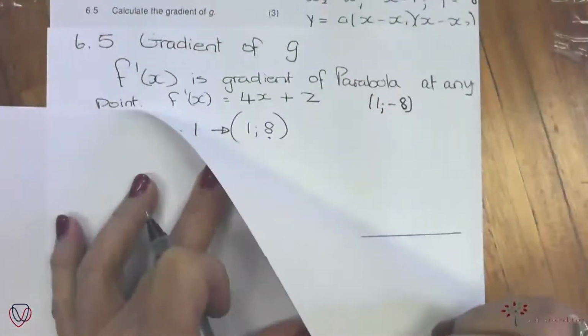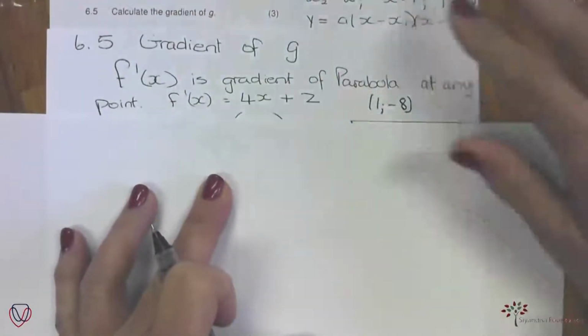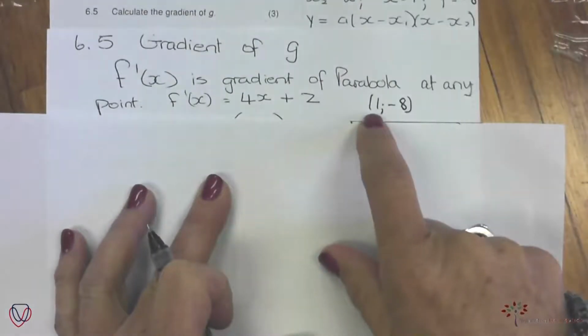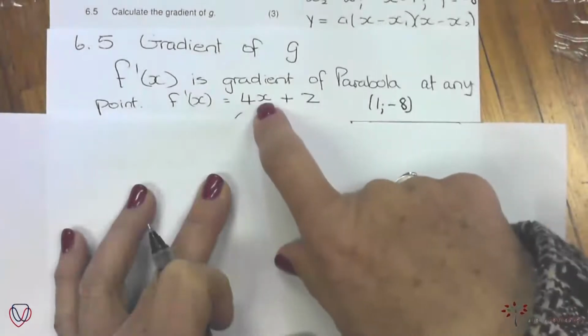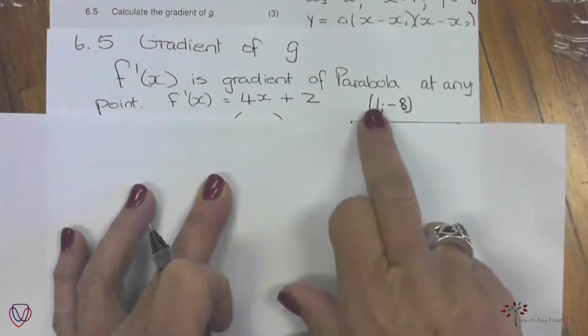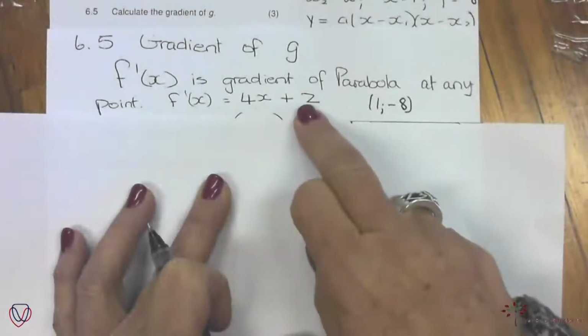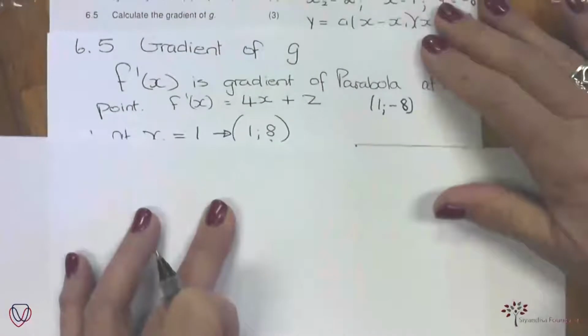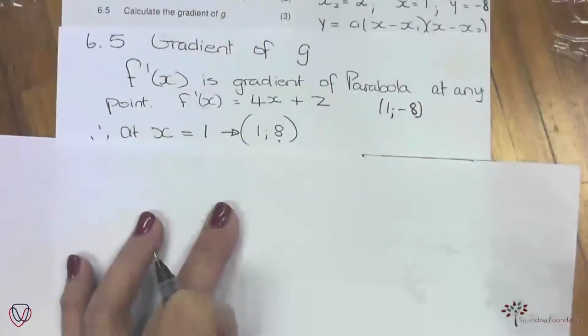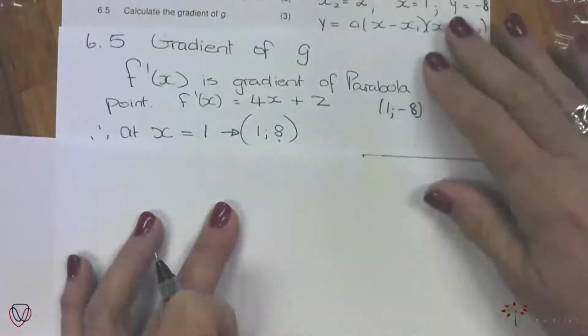Okay? So, this is x. So you take the x value there, 1, and you put it in there. If the tangent touches where x is 1, I substitute the 1 into the formula of the gradient, and that will give me the gradient.